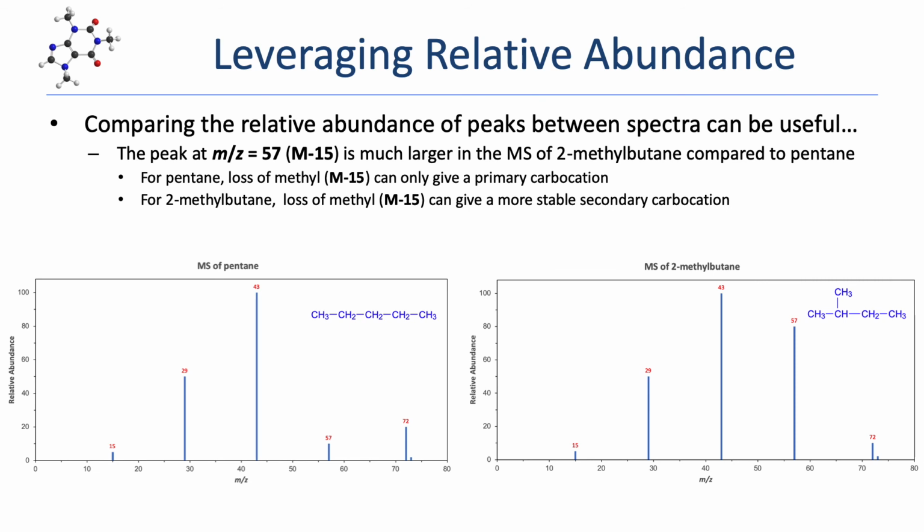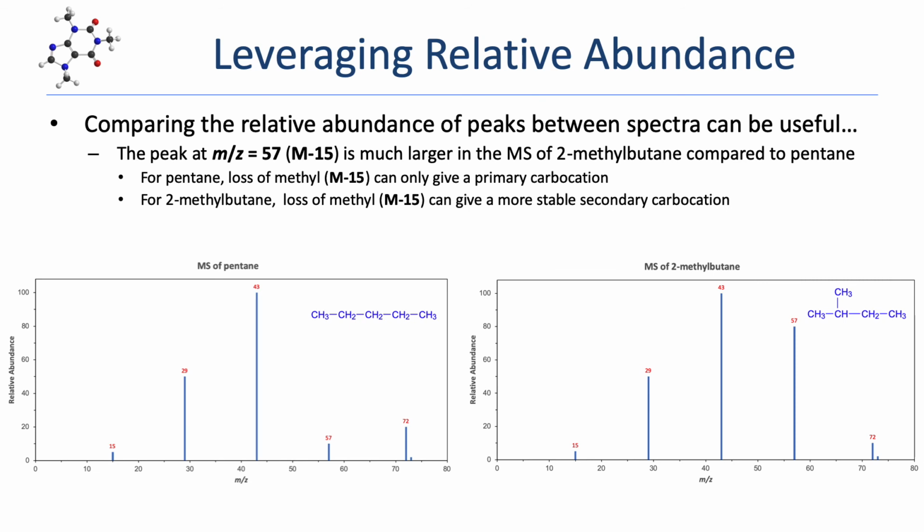Now, when pentane loses a methyl radical, it would form a primary butyl cation. But when we look at 2-methylbutane, it can actually lose a methyl radical in a couple of different ways. But most importantly, fragmentation of this bond would form a secondary cation. And a secondary cation is more stable than a primary cation, which means more of those cations will form, more of them will hit the detector, giving rise to a taller peak.